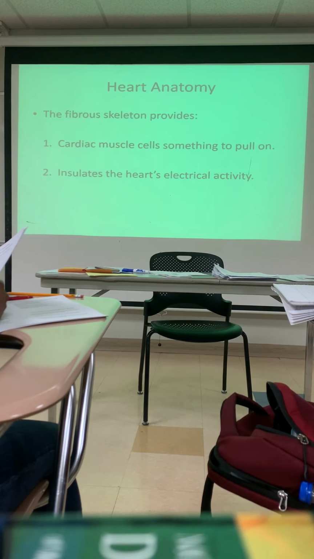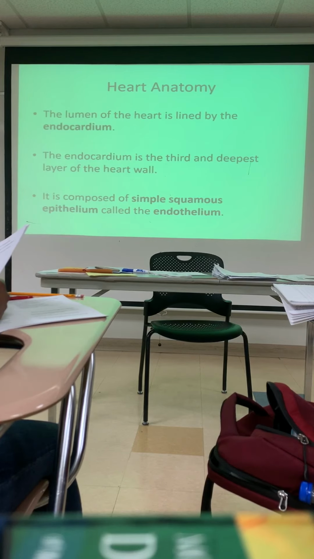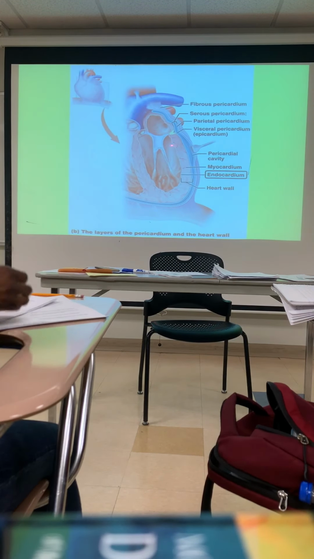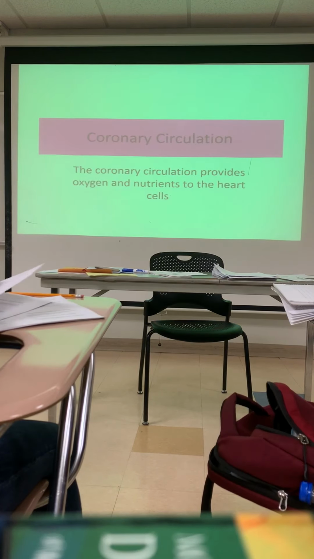It can also insulate the heart when there's an electric signal. Endo is inside the lumen of the heart, or inside. The lining is simple squamous epithelium. Okay, so that's your endo over there. You see that endocardium? Okay, so now let's go to the circulation.